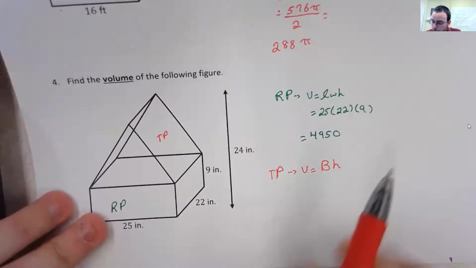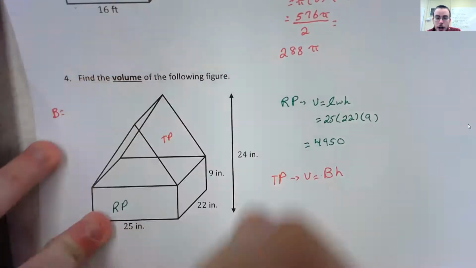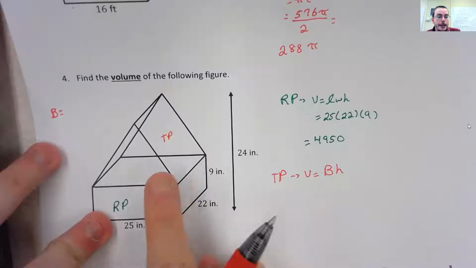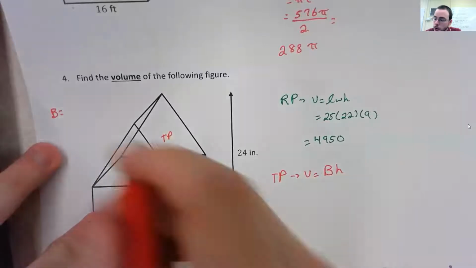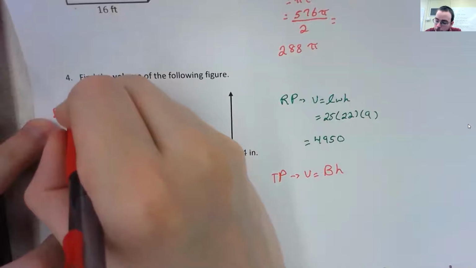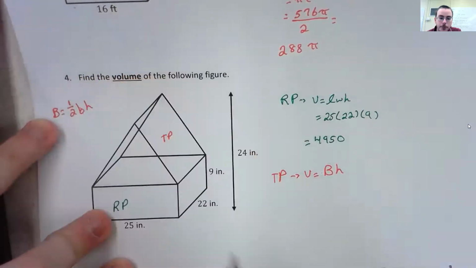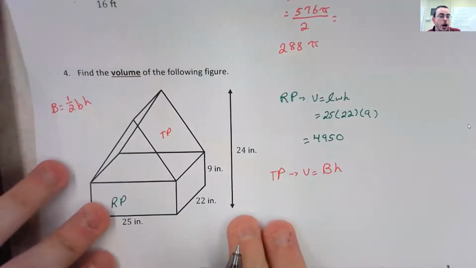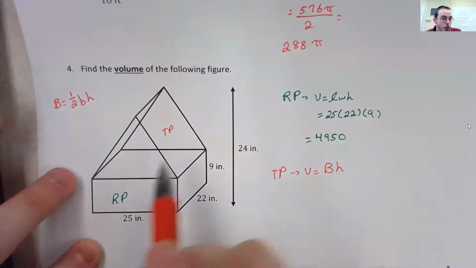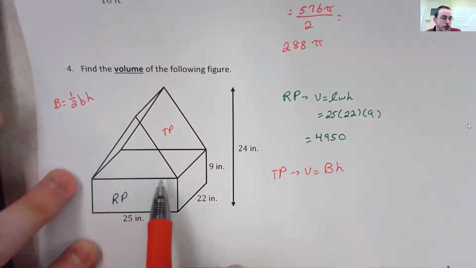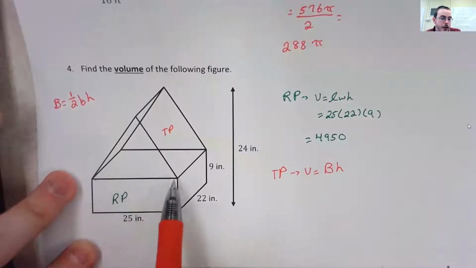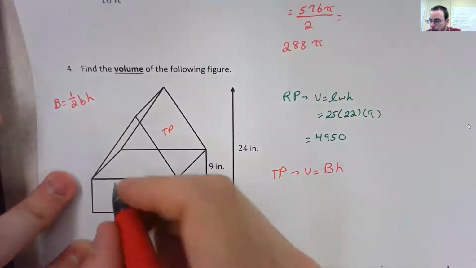So big B, you're going to have to use the base of the triangle and the height of the triangle. So the area of a triangle is given to you by 1/2 times the base of the triangle times the height of the triangle. Well, what is the base of the triangle? Well, you should see that the base of the triangle is equal to 25 because it's this line here, which would have to be congruent to this one.